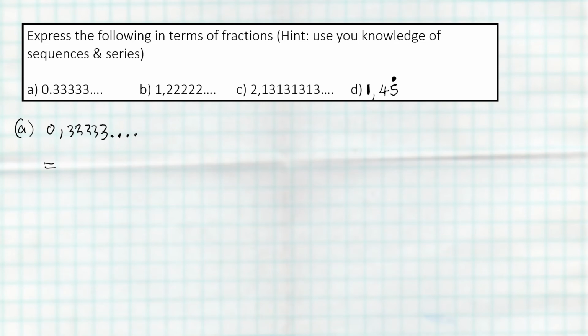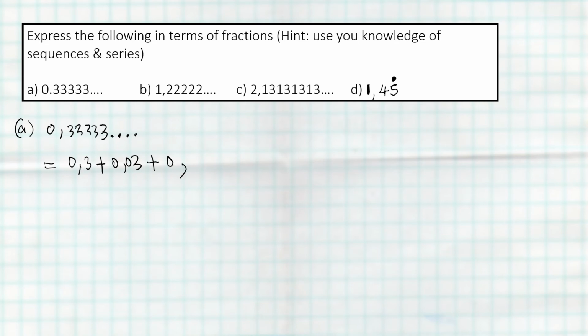So you rewrite it as a geometric series. For 0.3333, it's going to be 0.3 plus what? It must be 0.03, so that when we say 0.3 plus 0.03, it's 0.33.